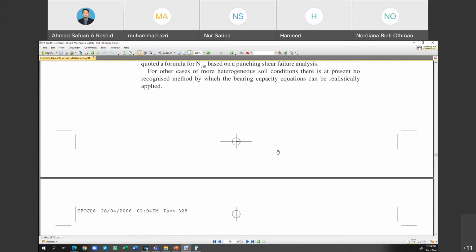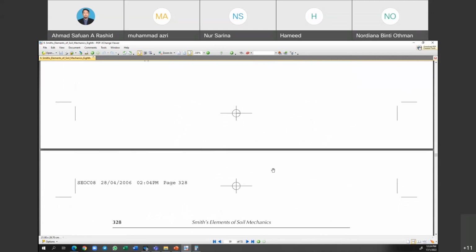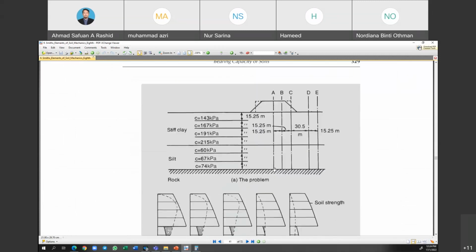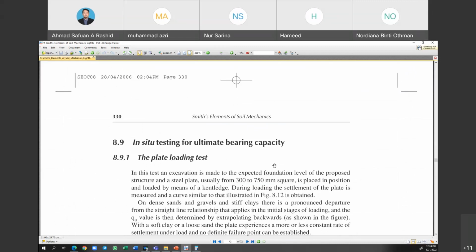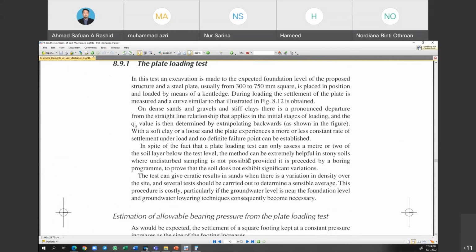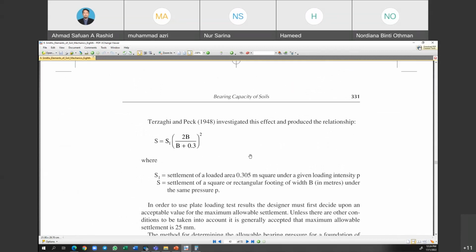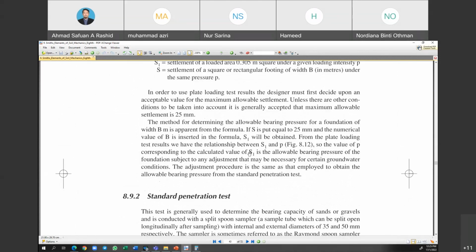So this is an example or discussion on a layer of soil, non-homogeneous soil condition. We did not discuss it in our discussion. So, in situ testing for ultimate bearing capacity. These are some of the methods to determine the bearing capacity by conducting tests at the site.